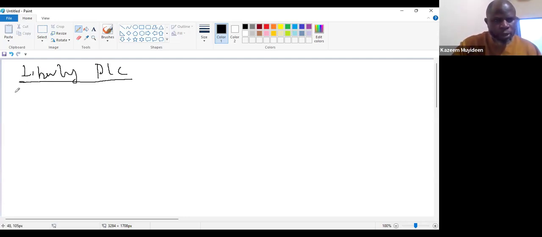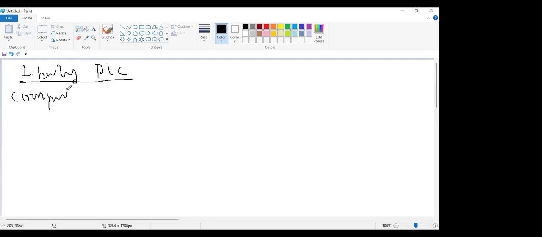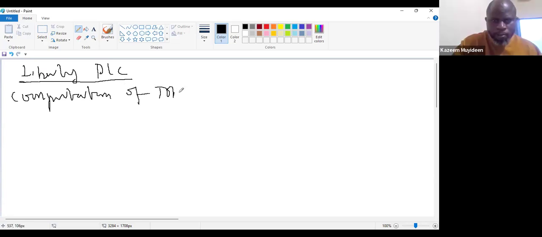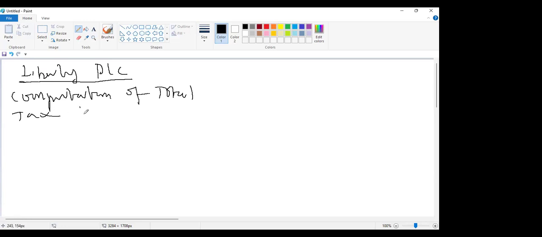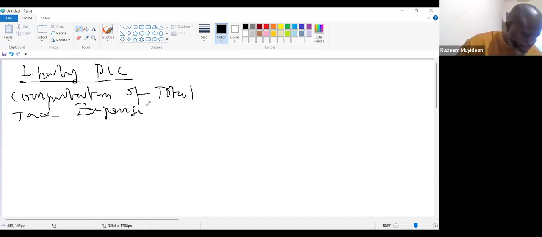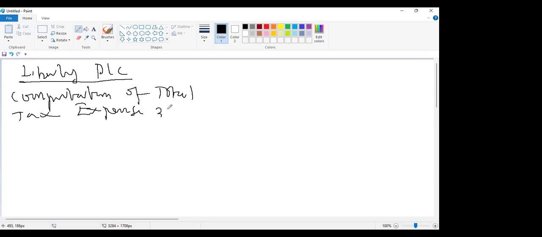So we should do the computation of total tax for the year ended 31st March 2020.